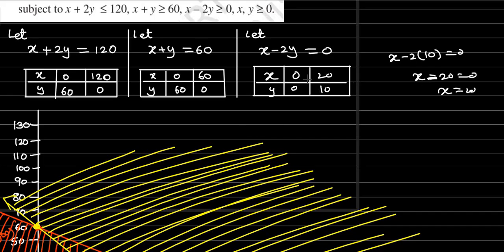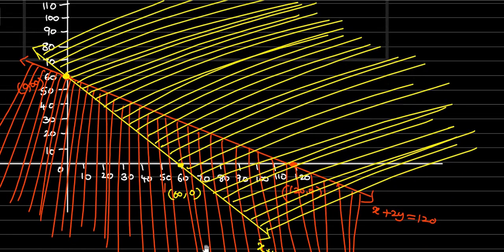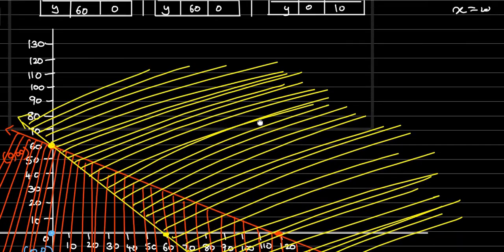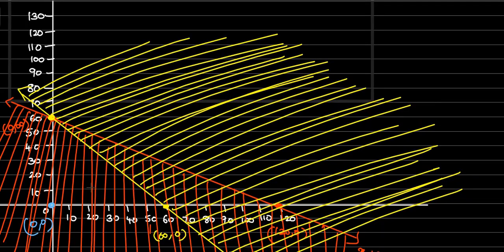If x equal to 0, y is also 0. If x equal to 20, the corresponding y value is 10. So 0 comma 0 we have here. The other point is 20 comma 10, which we will have over here.